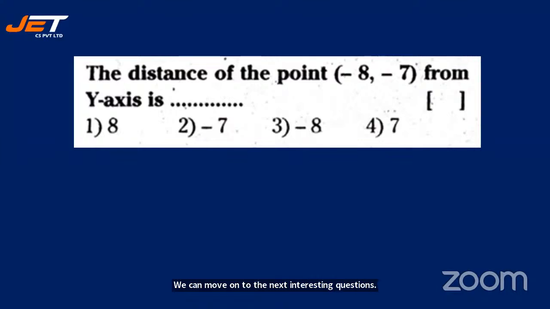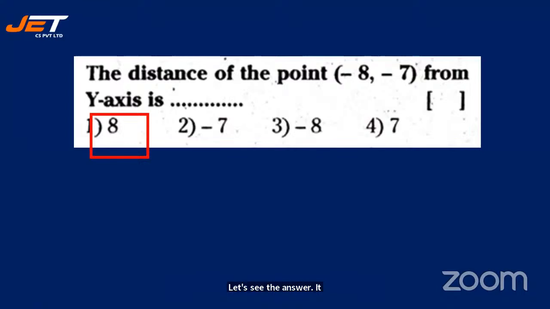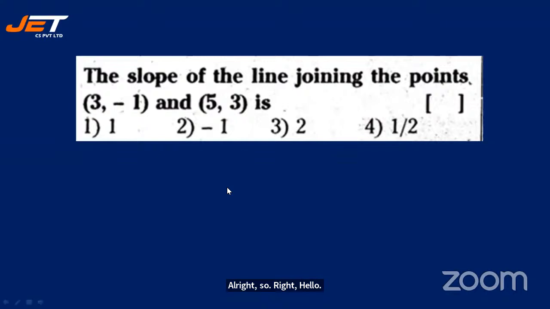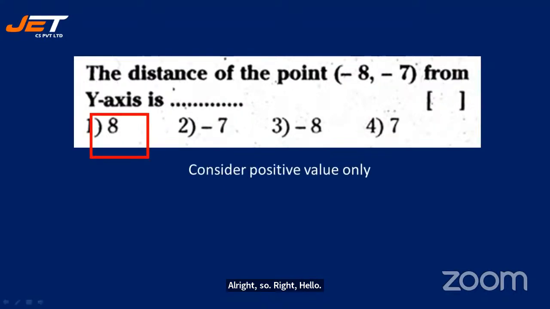Let's see the answer. It is option 1, that is 8. Gayatri, Ruchita, Reshma, Lalli, almost all are giving me option 1 as the right answer. Good. You should consider only the positive value, because they're asking the y-axis, so you take the x-coordinate and only the positive value.